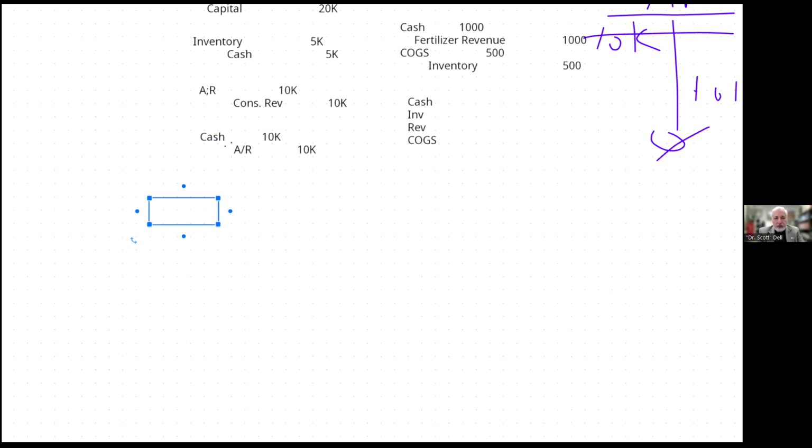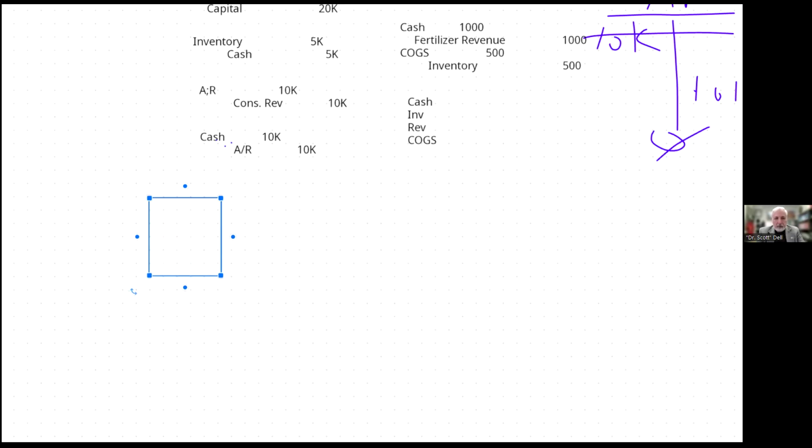On the other side of the balance sheet, increase liability is a credit, decrease liability is a debit. Increase equity is a credit, decrease equity is a debit.